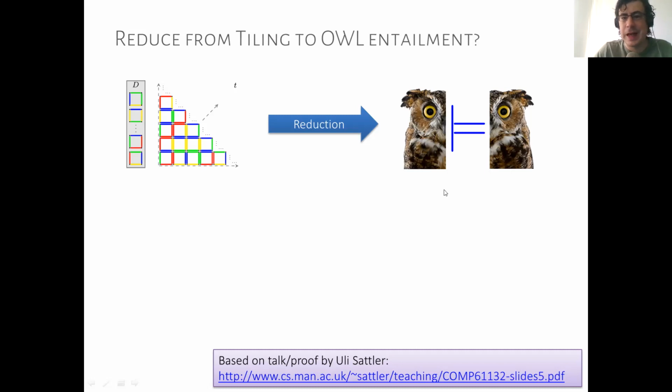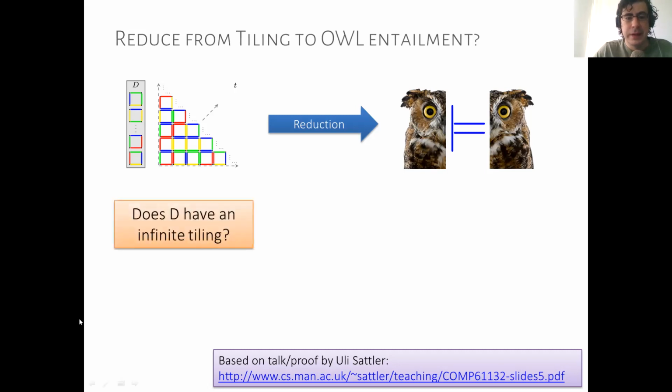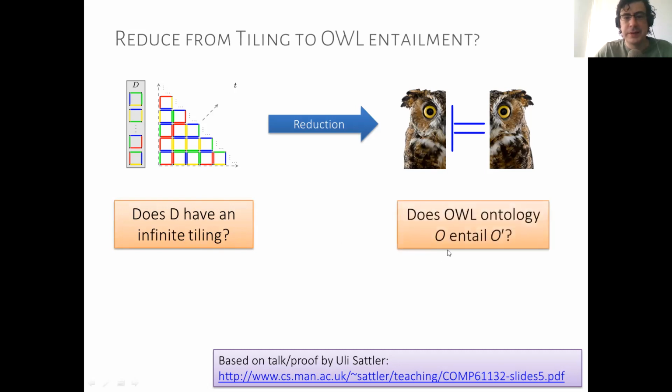That would then tell us that OWL entailment is undecidable. So we're going to reduce from an instance of this problem, does D have an infinite tiling, to: does OWL ontology O entail ontology O prime? This is based on a proof and talk by Uli Sattler from the University of Manchester.